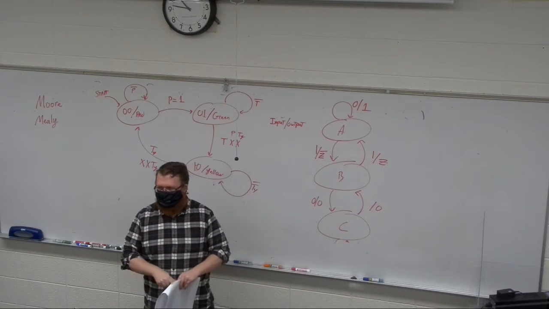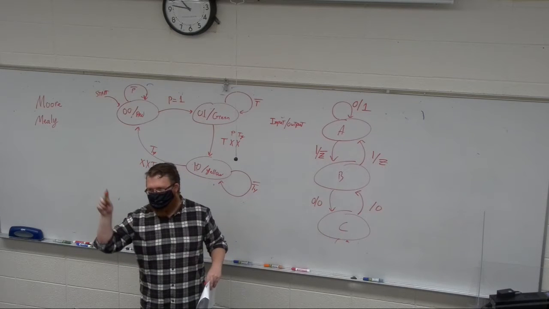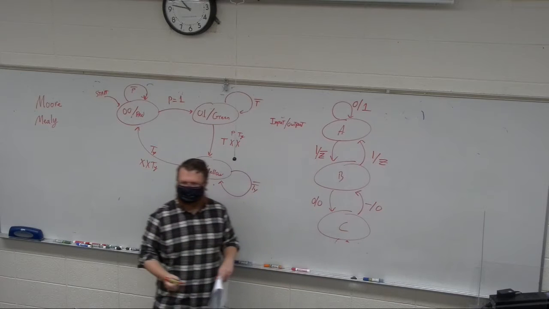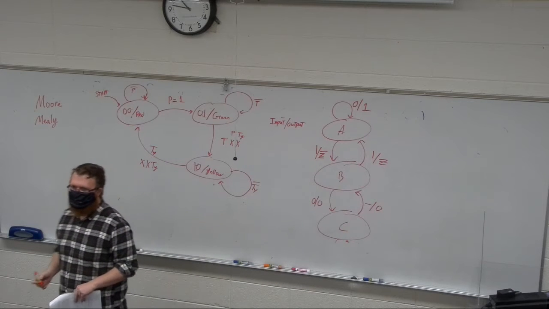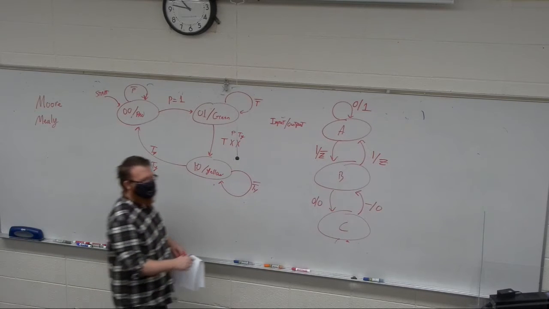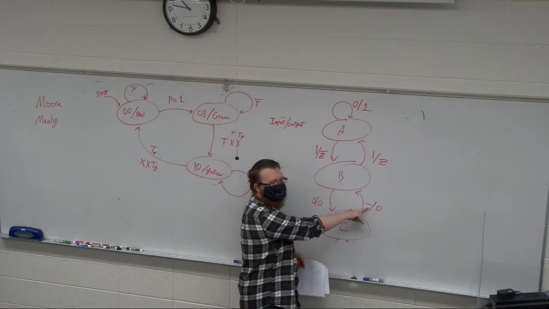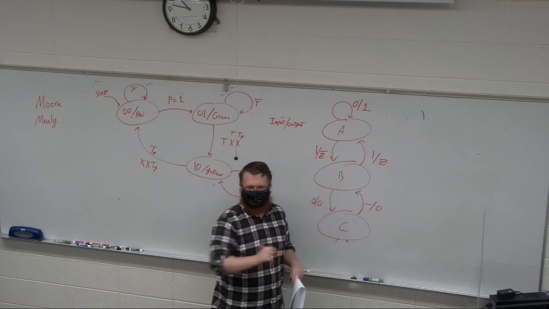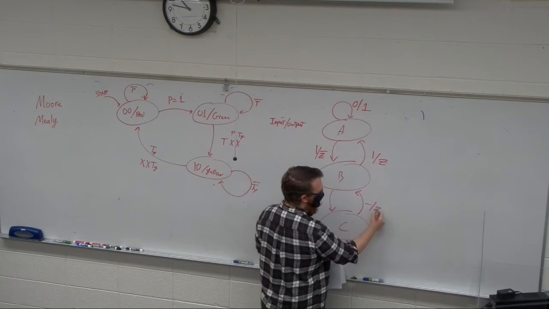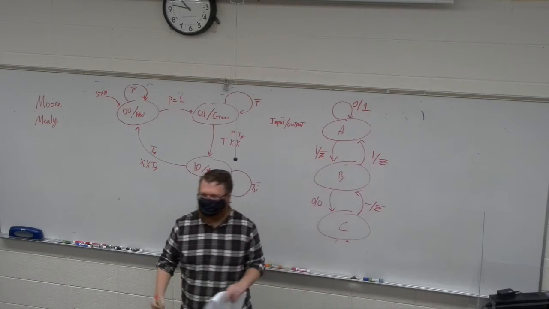In a transition state diagram, we don't use X for don't care. We use a dash. So when I transition out of C, I do it regardless because I don't care what the input is, but the output should be 0. Or we could write it as not Z.